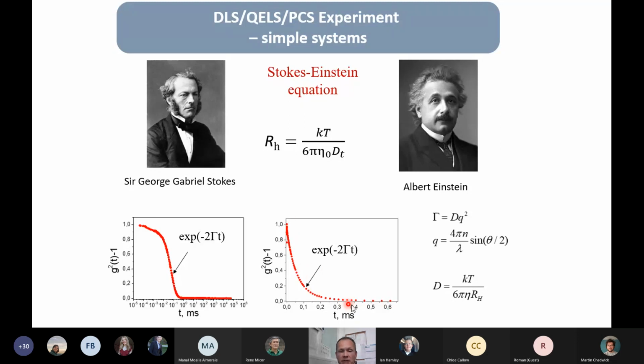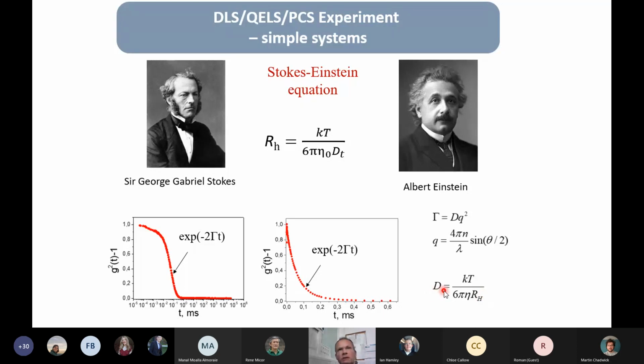From the analysis of the correlation function, we get the diffusion coefficient, and from the diffusion coefficient we calculate the so-called hydrodynamic radius. And this hydrodynamic radius is the value of a hard sphere. That's what you should remember. This is the radius of a hard sphere that has this diffusion coefficient.